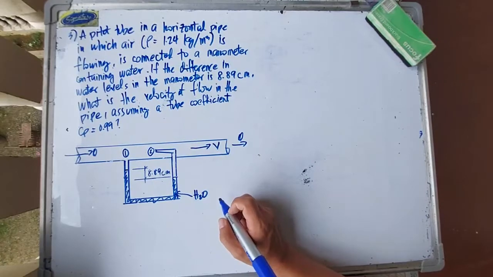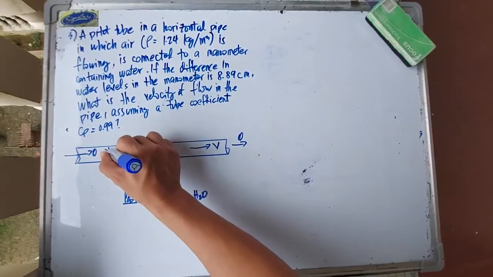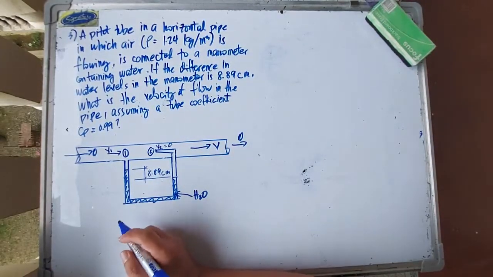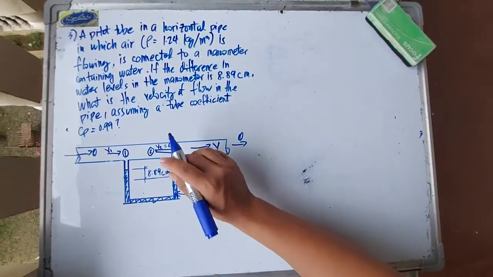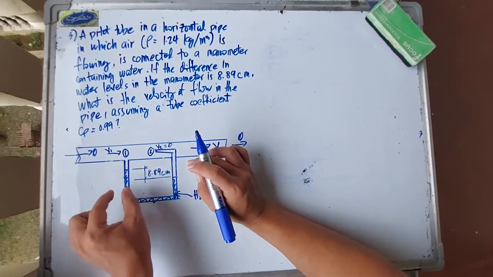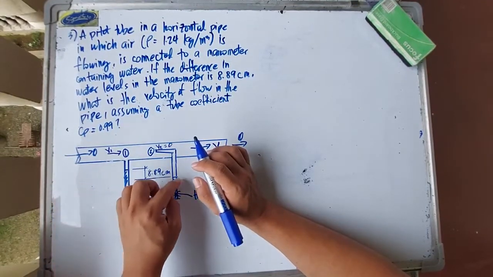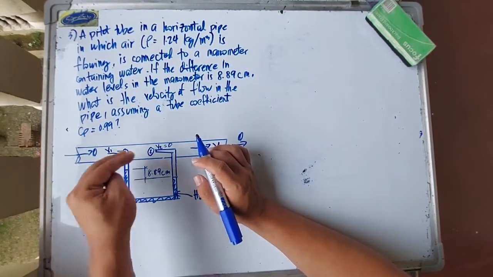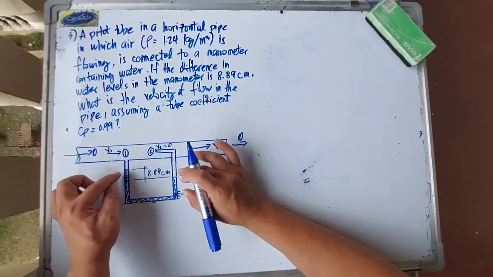And we also put point 2 at the opening of the Pitot tube because at that point there is no velocity. But at point 1, there is velocity. That's what we are solving for, V1. At point 2, V2 is equal to 0. Why is the velocity zero at point 2? Try to imagine the air is flowing. Air goes there until it fills up and can no longer be compressed, so it pushes the liquid, the water, toward there. That's why the height of the water is higher here compared to here, because of the kinetic energy or kinetic head contributed by the flowing gas or air. It pushes until it becomes stable, stagnant.